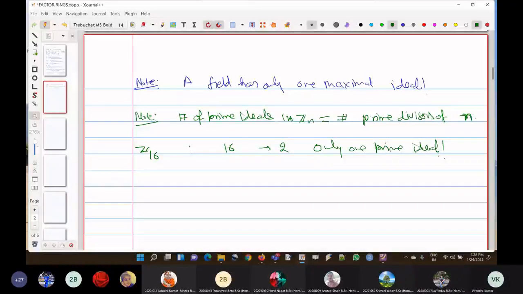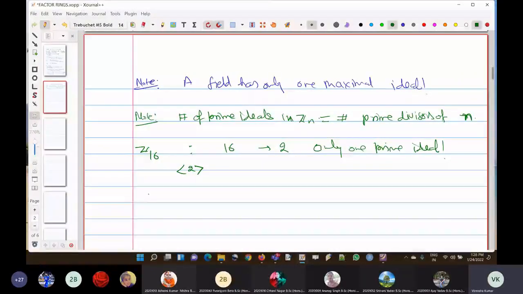So in Z16, what is the prime ideal? Do you have any idea?